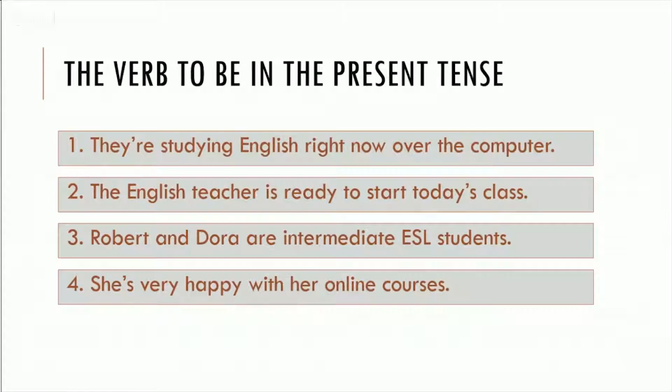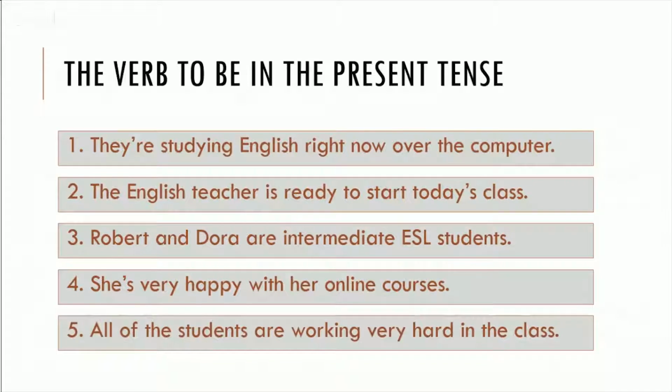Robert and Dora are intermediate ESL students. The next one is, she's very happy with her online courses. Again, we have a contraction. She's very happy with her online courses. She is, but we have a contraction. She's very happy with her online courses. Ella está muy feliz con sus cursos sobre la red o en línea, right?